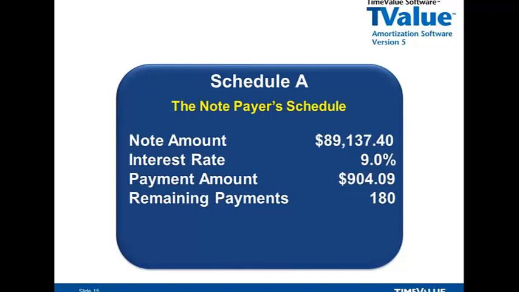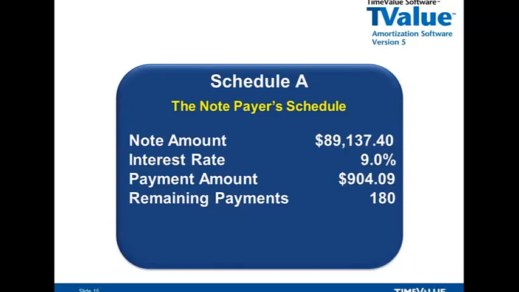So I know a lot of times people have irregular payment structures, whether it's $500 for 5 years and then $600, or maybe it's just 5 or 10 years of a partial and a balloon at the end or something like that. It's just a matter of entering those cash flows into the program and solving for the loan amount. So pretty easy. So I'm going to show you how to do that here.